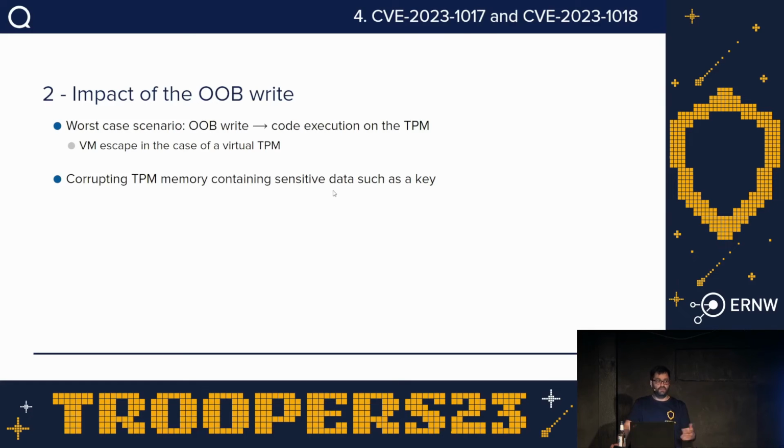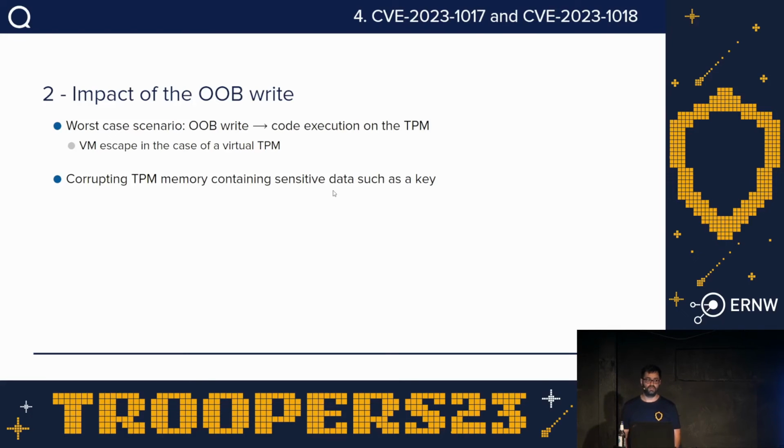But even if I'm not able to use the out-of-bounds write for remote code execution, in this kind of scenario, with what is supposed to be a secure crypto processor, having some other limited results may be impactful as well.